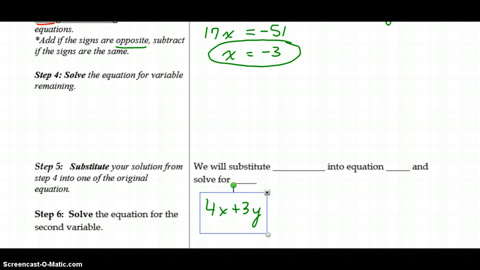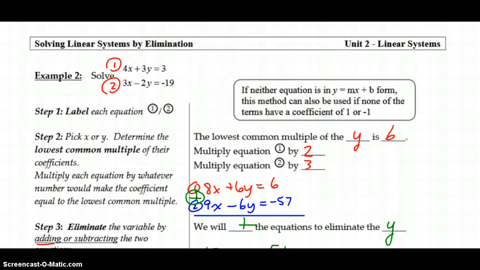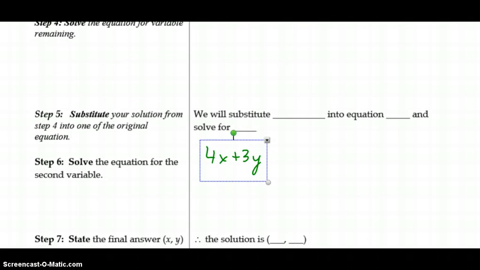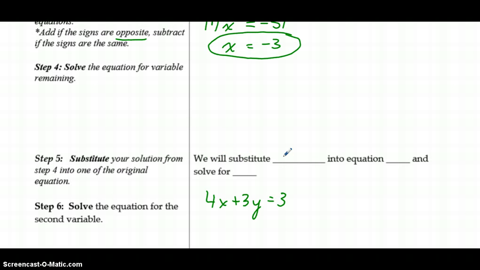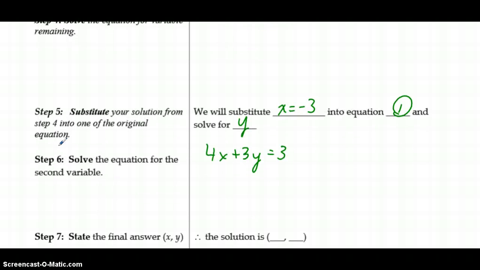All right, so that equation we're going to grab from the top, 4x plus 3y equals 3. We're going to take that value we just solved for, so x equals negative 3, and substitute it into equation 1 and solve for the other variable, solve for y.